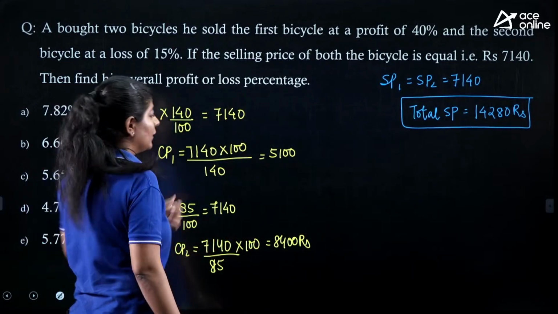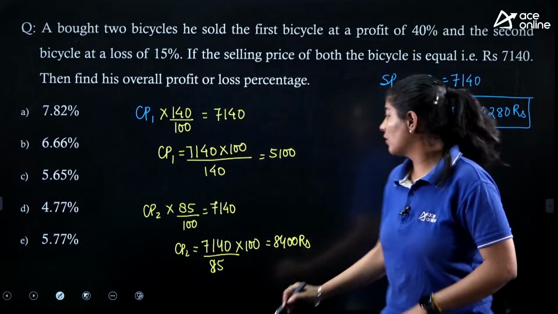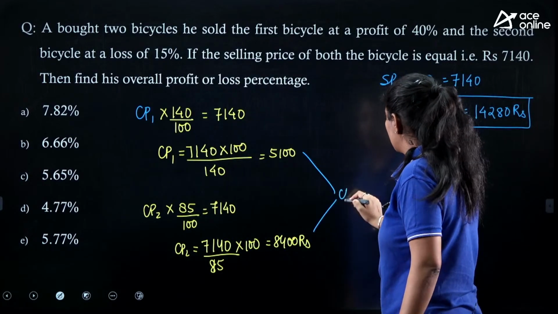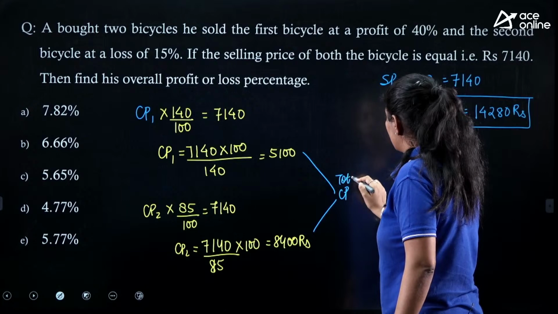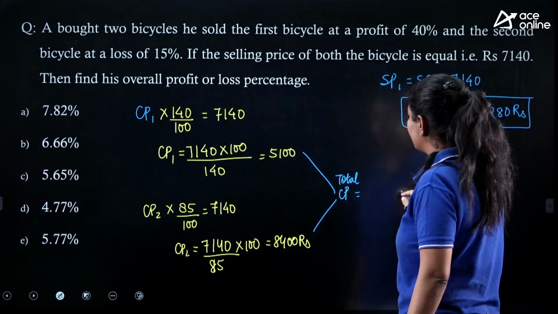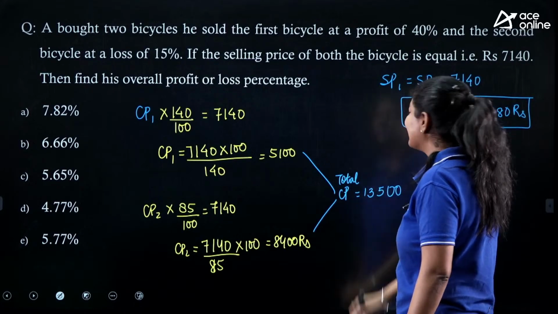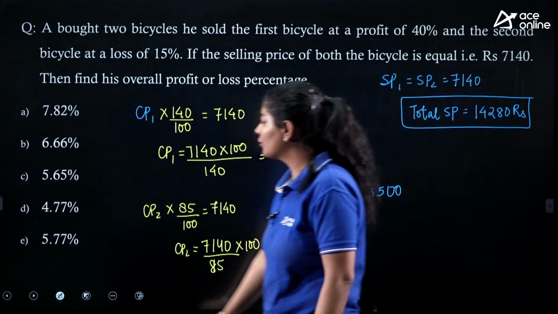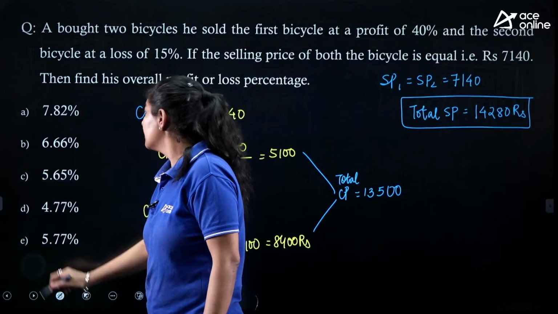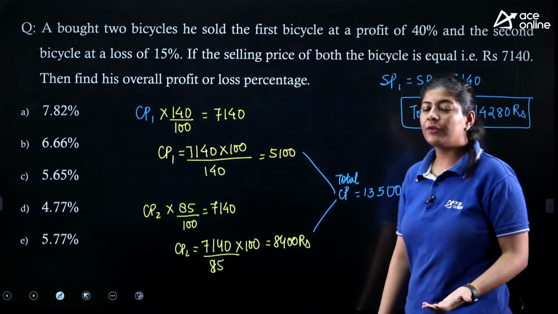From this one, you can calculate the total cost price. The total cost price that we are getting over here is 13,500, and what we need to do, we need to find out the overall profit or loss percent.